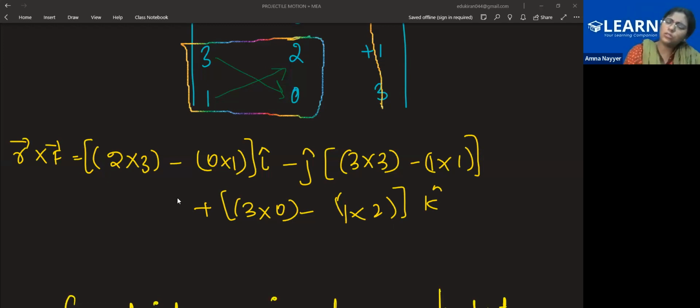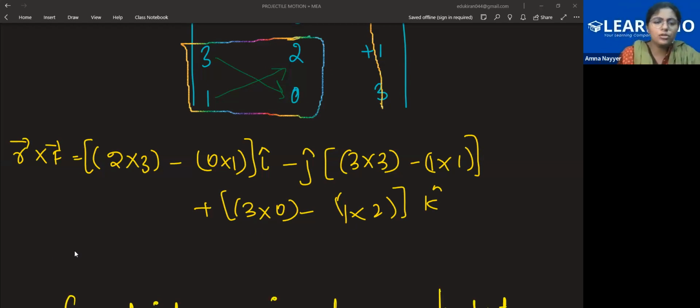Even if it is 0, so what? This part will be 0. No, this won't be 0. This would be minus 2. Right, that 0 will not affect your answer, because we have already considered the 0 when we are solving it. So when you're solving it, that 0 is already being included. So you don't have to double it.